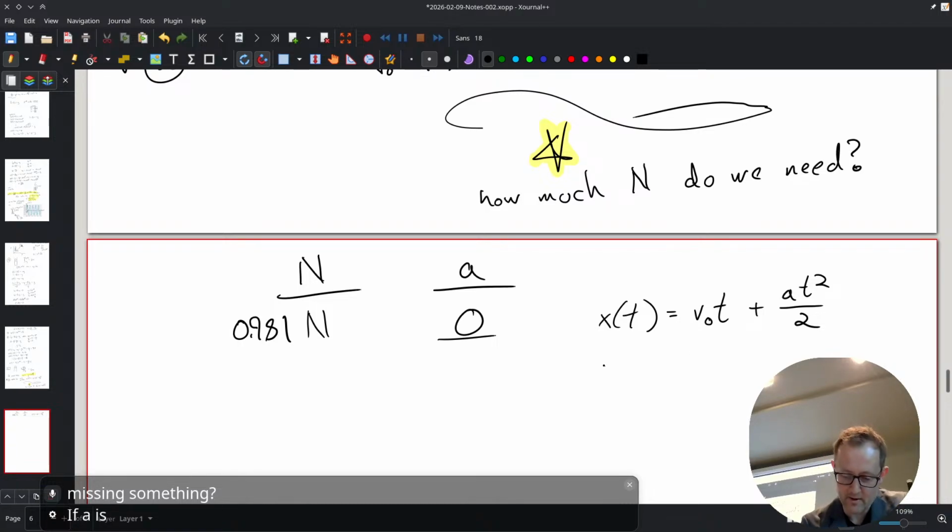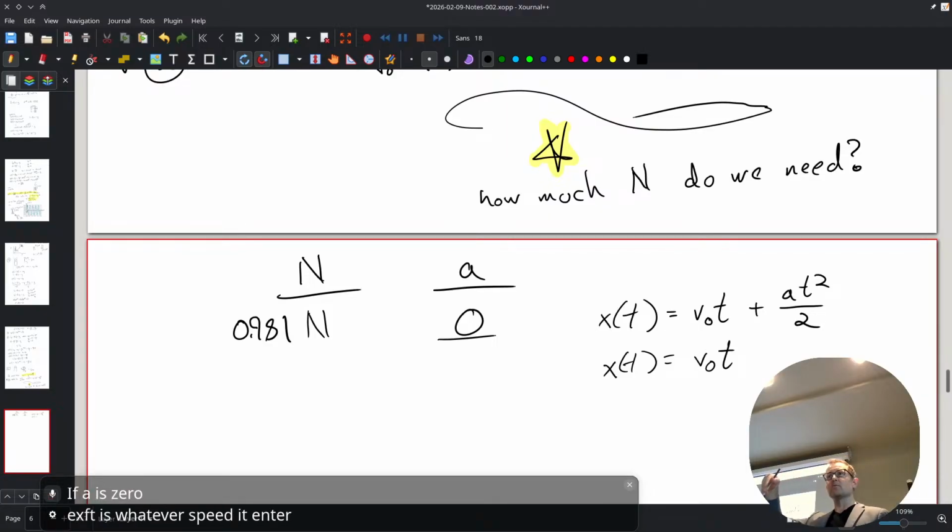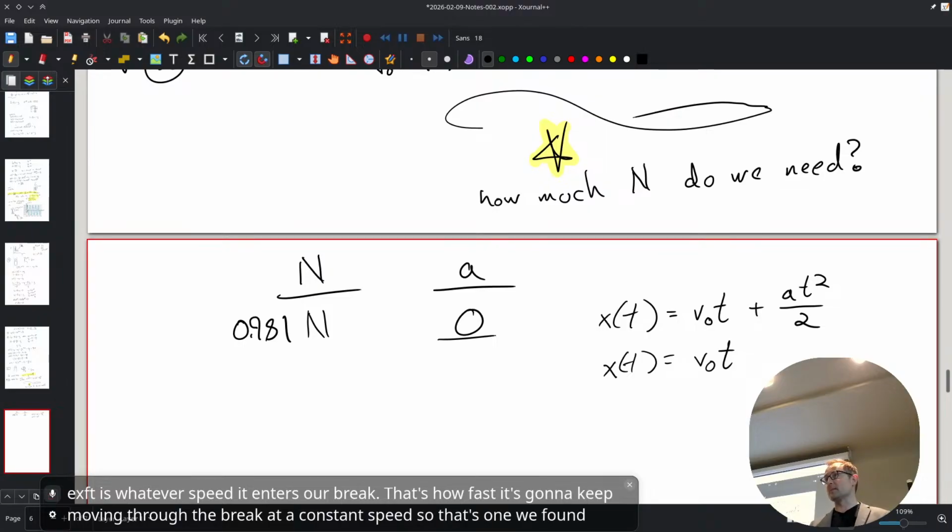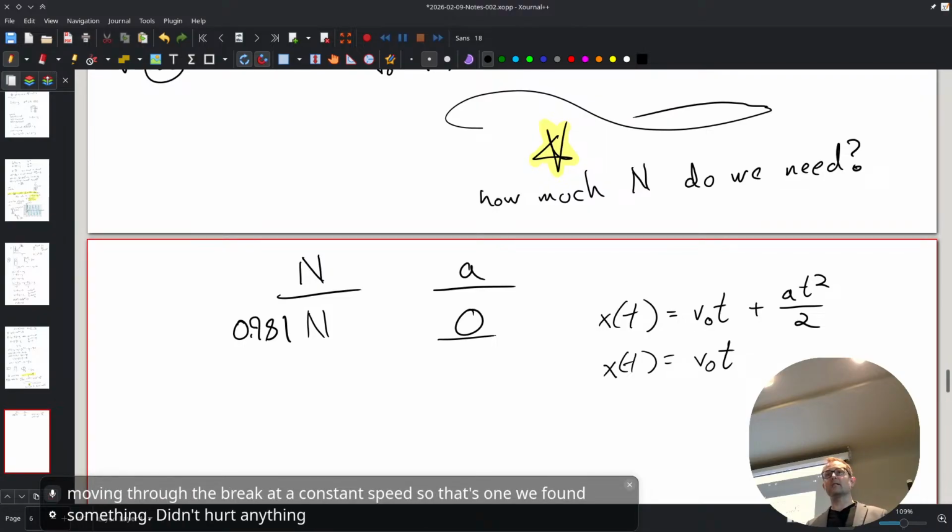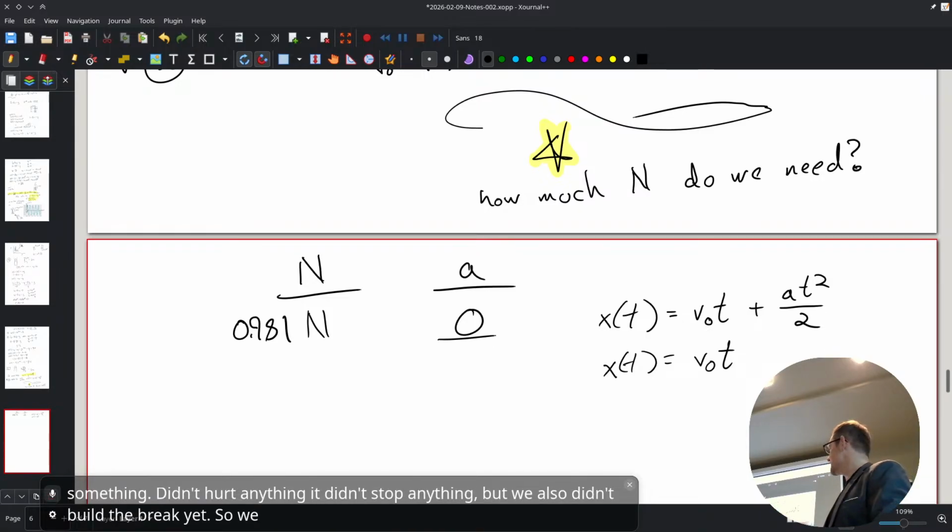If a is 0, x of t is whatever speed it enters our brake, that's how fast it's going to keep moving through the brake at a constant speed. So that's one, we found something. It didn't hurt anything. It didn't stop anything, but we also didn't build the brake yet, so we're still good.